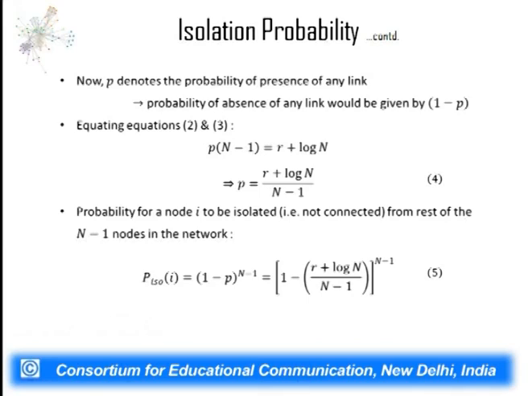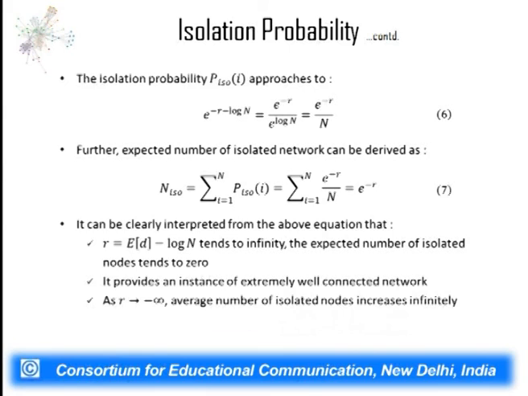And we know the value of p from equation 4. So, just put it in and you get the isolation probability. It is as simple as that. Given any network with a large number of nodes, you can find out, depending upon the probability of success, what is the probability that some nodes will be left out.